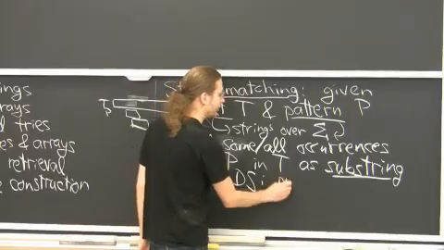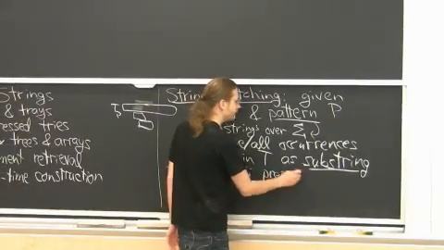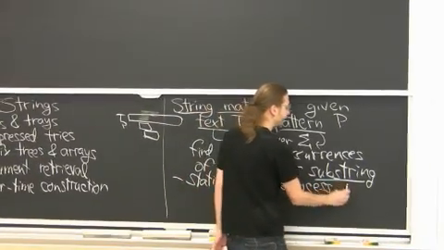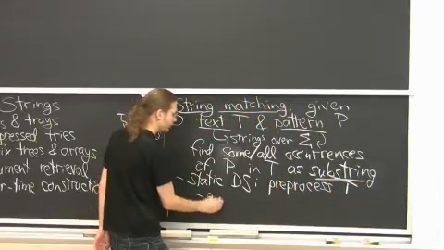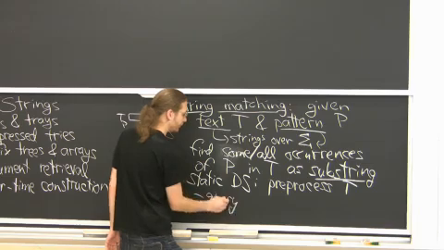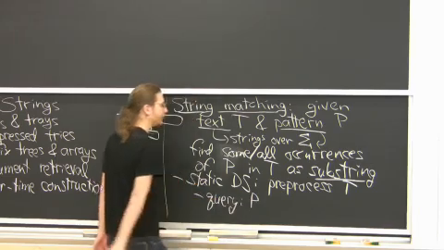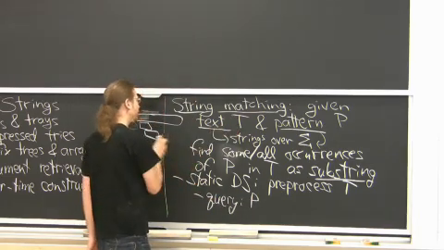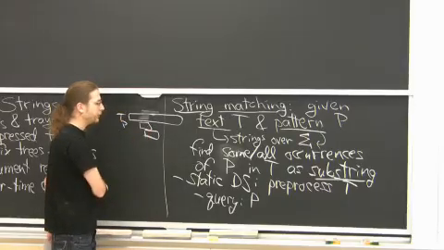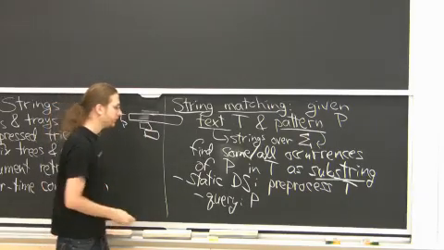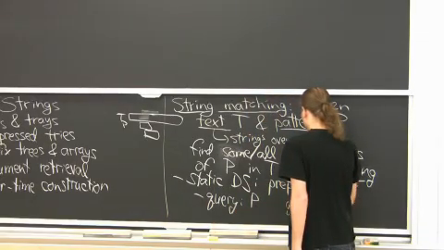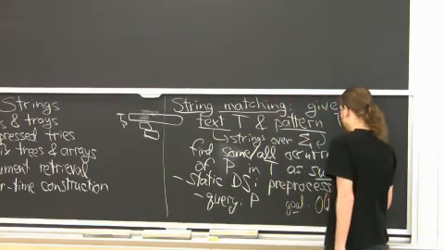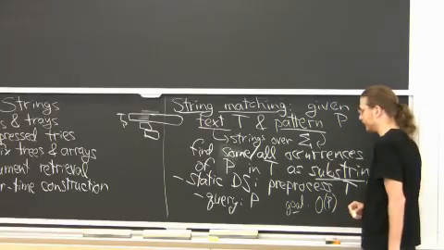So we're given the text up front, and we want to pre-process T. And then a query consists of the pattern. So we imagine T being very big, P being not so big. And we'd like to spend something like order P time to do a query.